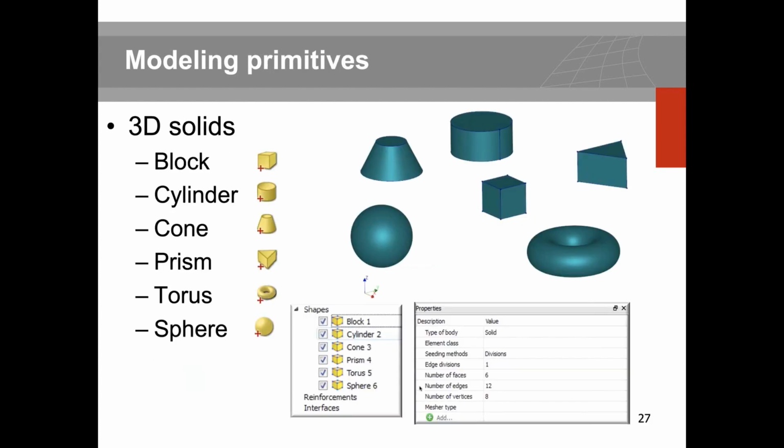Otherwise, you can use basic tools we offer in terms of modeling primitives to create and generate your model for 3D, whether it's a block, cylinder, prism, torus. And you can access more information about the type of geometry entity from the shapes by selecting them from the property window. You will see the entire entity as attached to your shape.